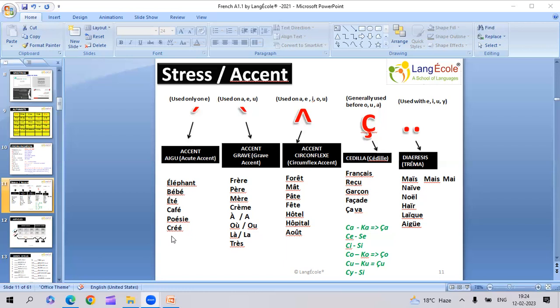Now, in this accent, what happens? Accent aigu, acute accent. It is only and only on the alphabet.